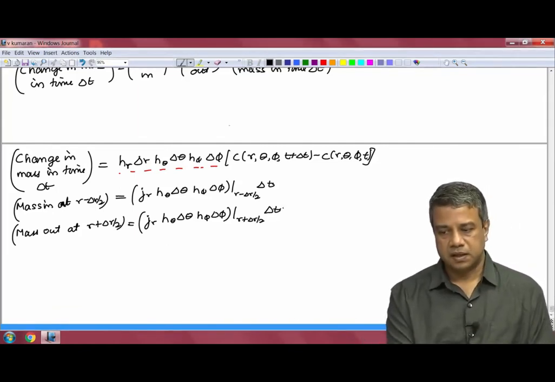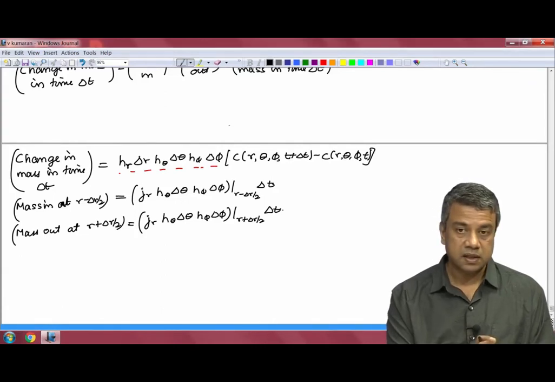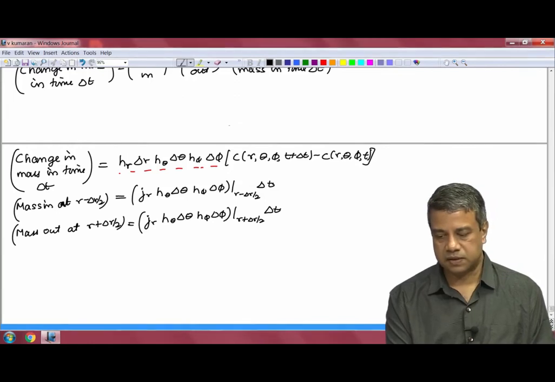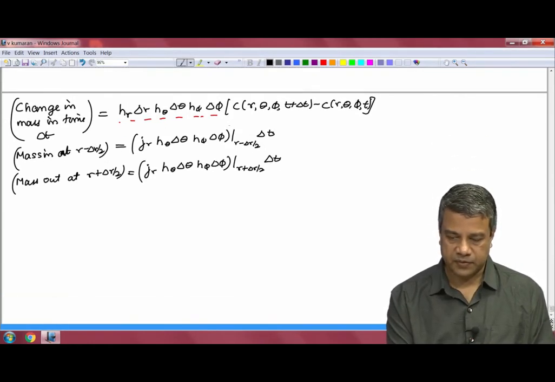Okay. That is the mass out. Note that h theta and h phi do depend upon r. So, therefore, they will be different at the inner and the outer surfaces.